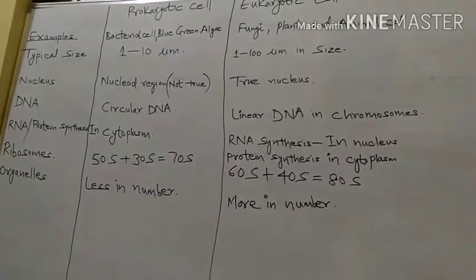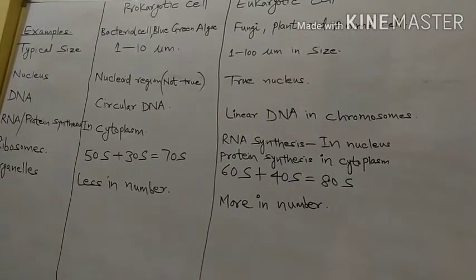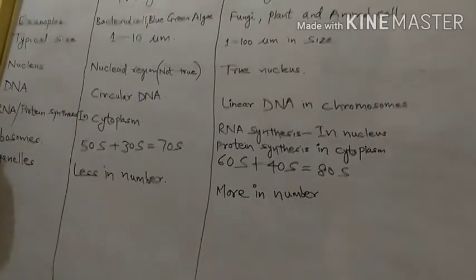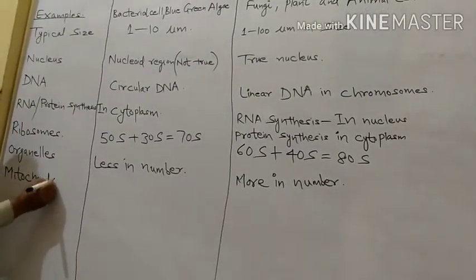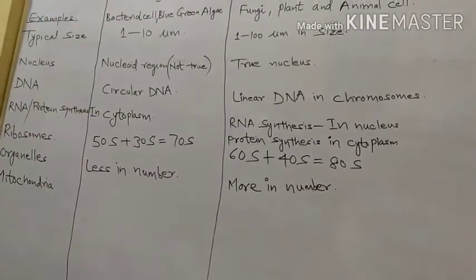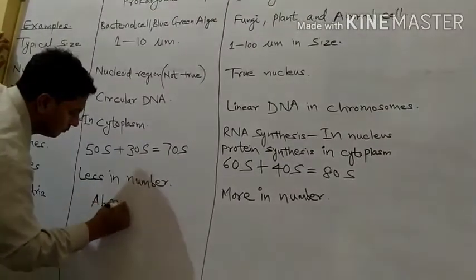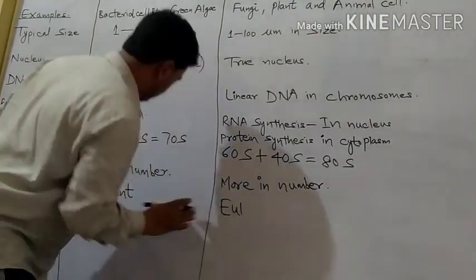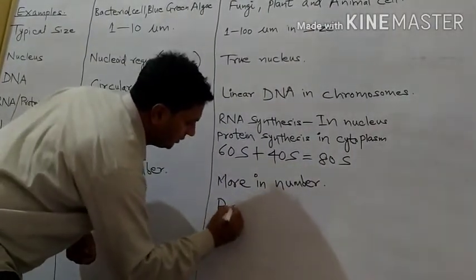Now we will talk about mitochondria. Mitochondria are absent in the prokaryotic cell, but present in the eukaryotic cell. Here they are present.